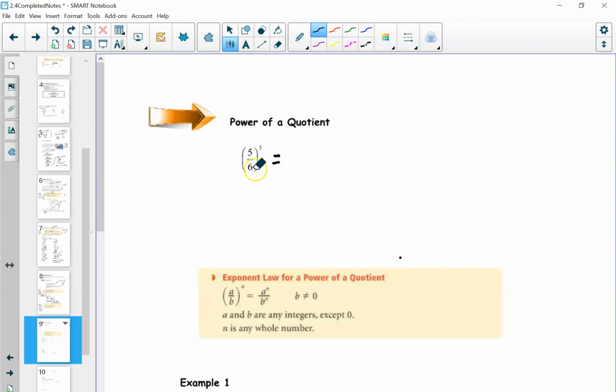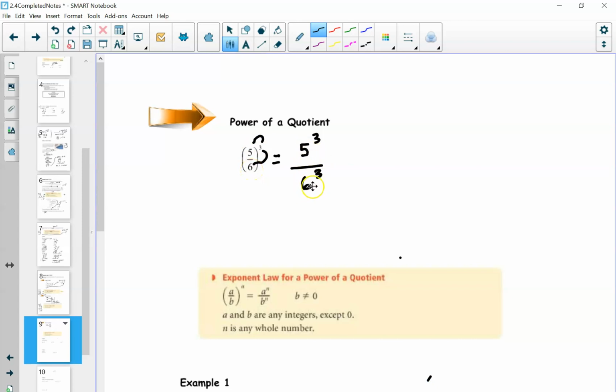Instead of figuring out this fraction as a decimal, which is going to get really nasty, let's just go 5 to the power of 3 over 6 to the power of 3. So that power applies both there and there. It's important to remember that the power is applied to both the numerator and the denominator.